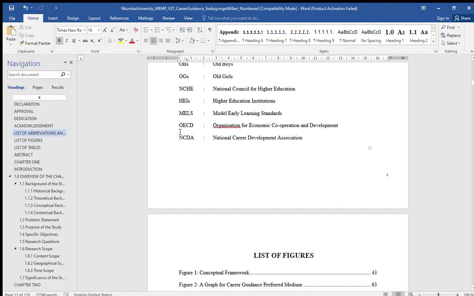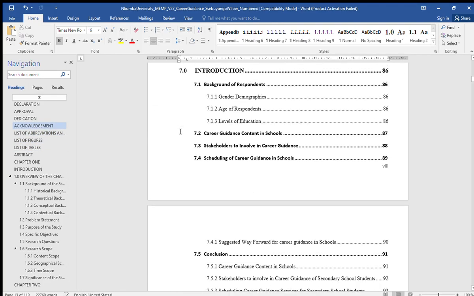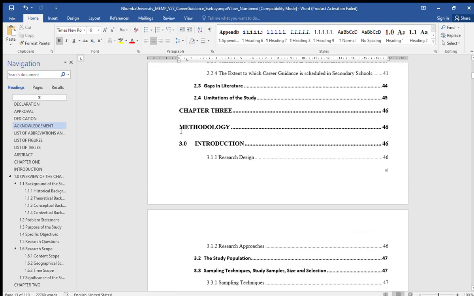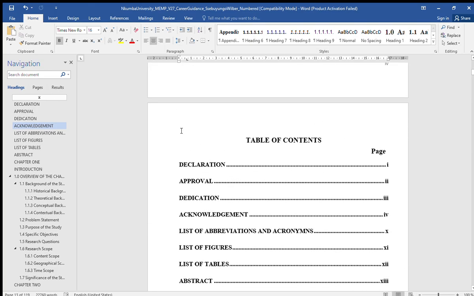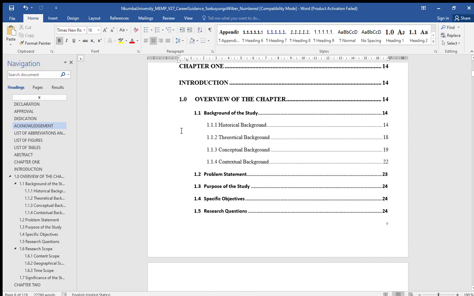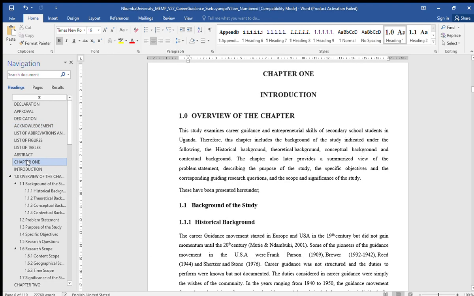A research proposal is made up of 3 chapters. That is what you see there. Chapter 1 of the research proposal is called Introduction.